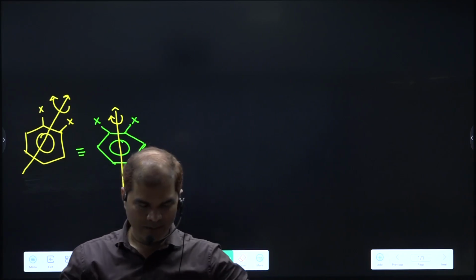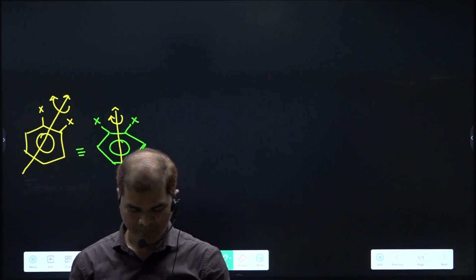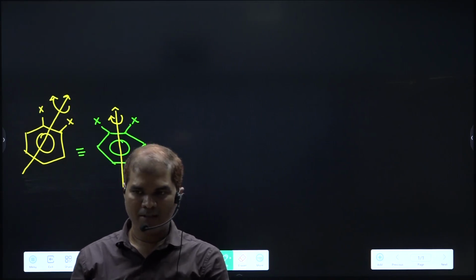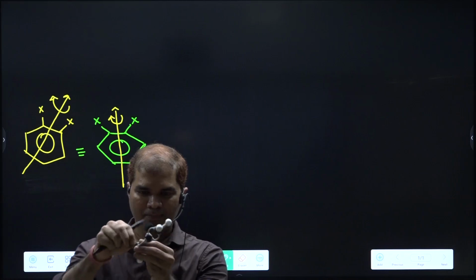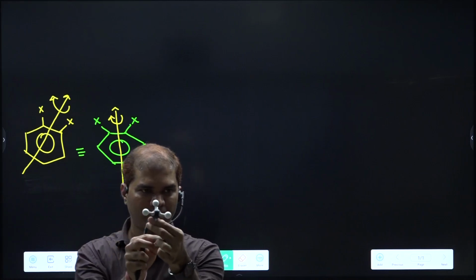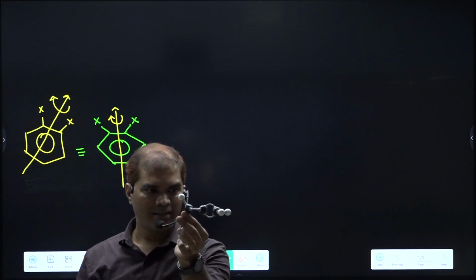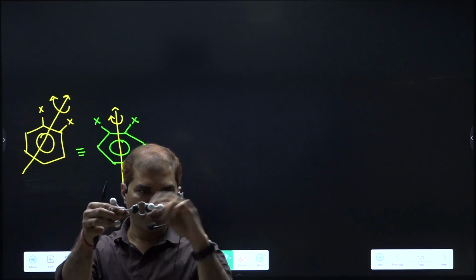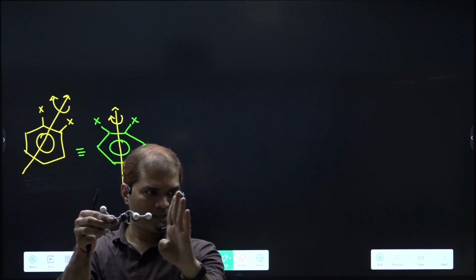I'll just remove one so that you'll get allene. Everyone is aware of allene? Okay. This is allene. Is this allene? In the previous case, if you are able to remember, the 2 CH2 units were parallel to one another.